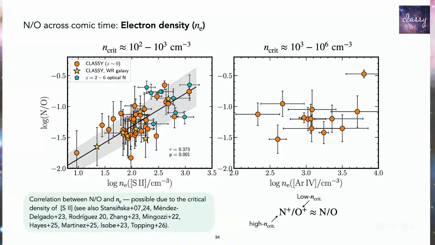Here are the densities that trace this gas, and we don't have this correlation with the sulfur 2. However, we still have high nitrogen overall and high density, basically. So we still need to increase this information. There was a paper from the J survey, also not finding any trend like this for sulfur 2, but we still need to do some investigation about it.